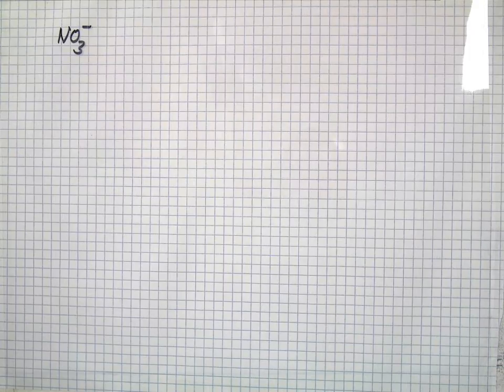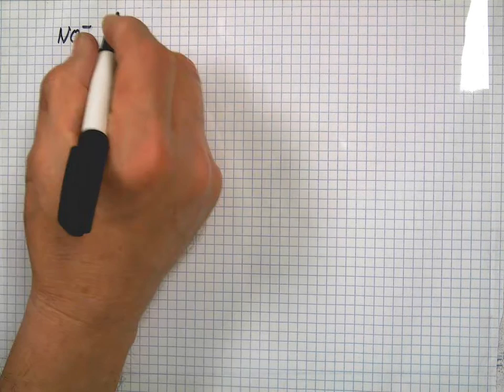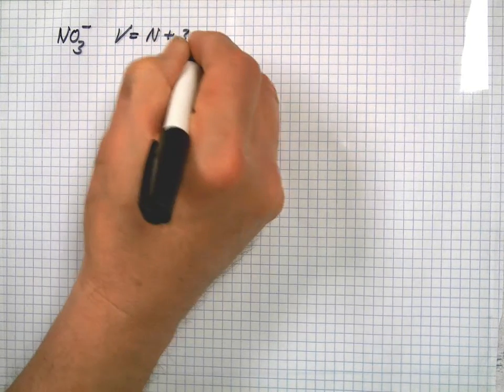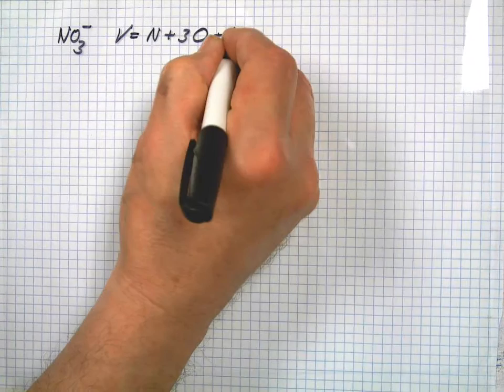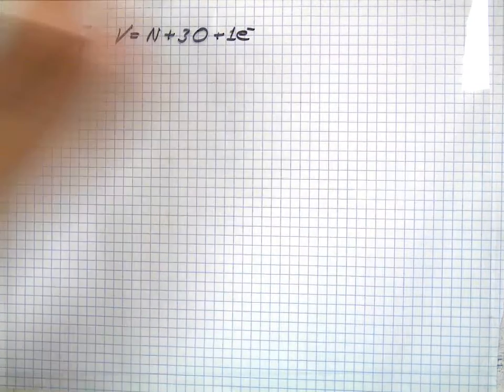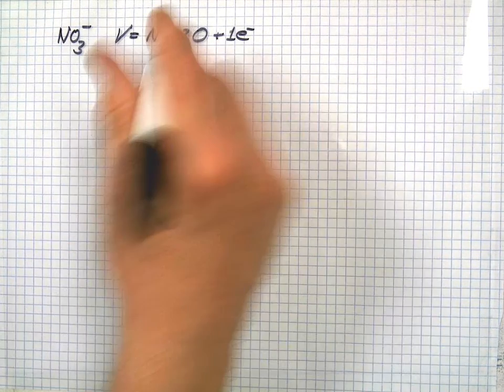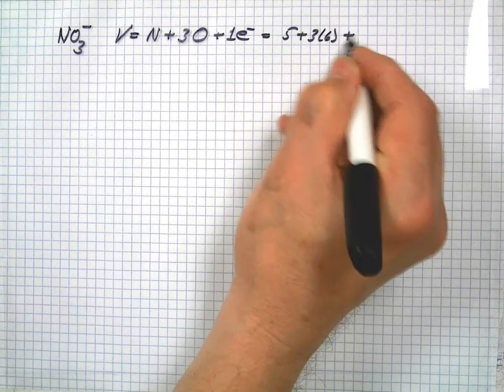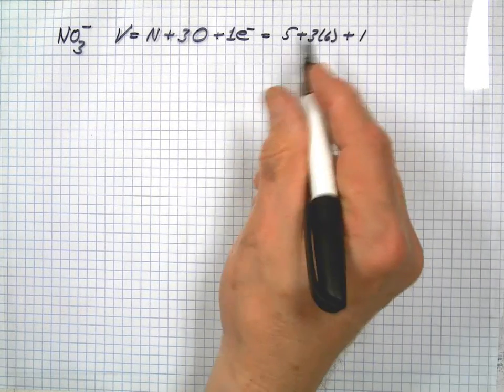The exception is that if it is a negative anion, you add an electron to the valence; if it's a cation, you subtract from the valence. So the valence number is based on nitrogen, 3 substrates, plus 1 electron that gives it the extra charge. That is simply 5 plus 3 times 6 plus 1, which is 24.